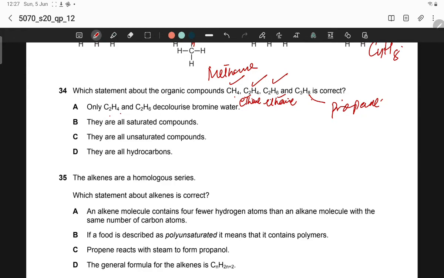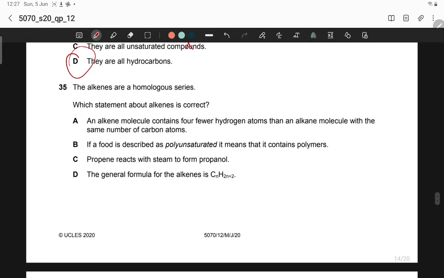C2H4, C2H6 decolorized, no. They are all saturated, no. They are all unsaturated. They are all hydrocarbons. The alkanes are a homologous series. Which statement about alkane is correct?